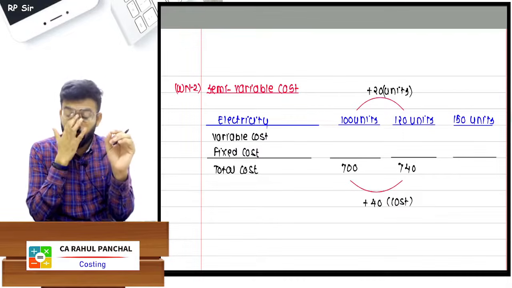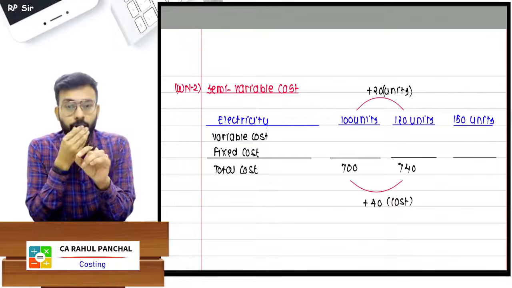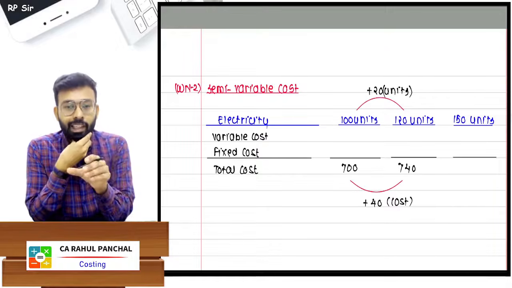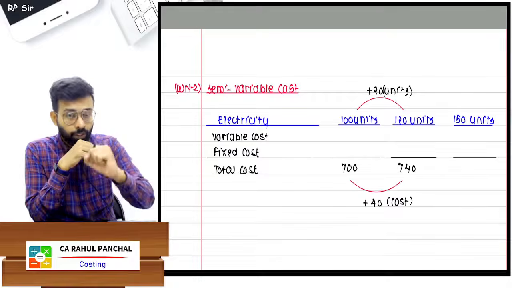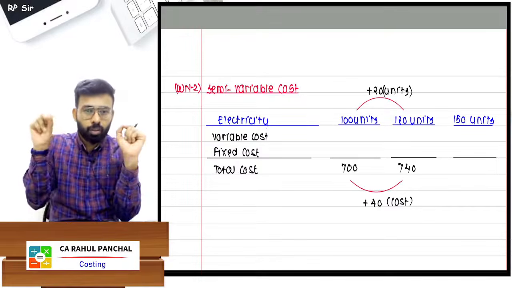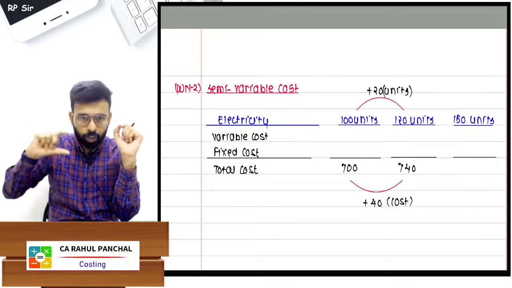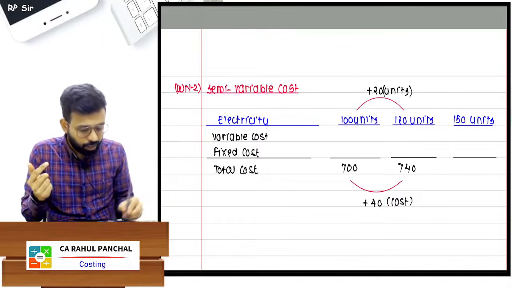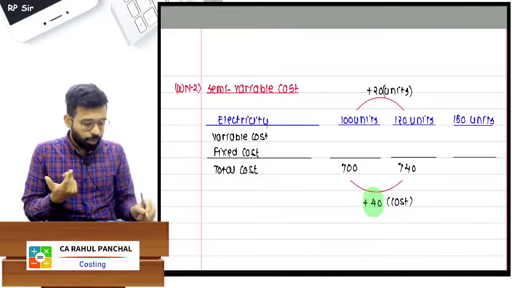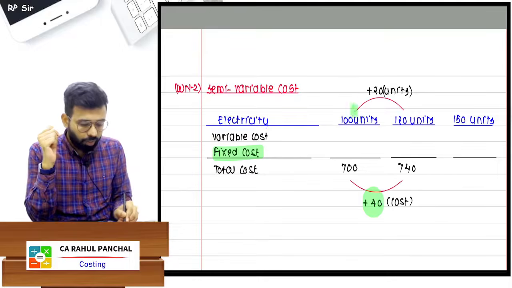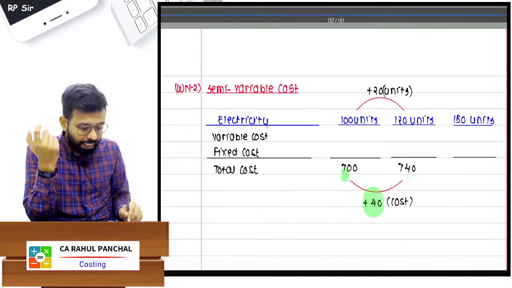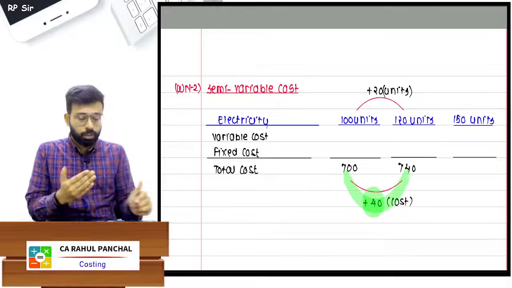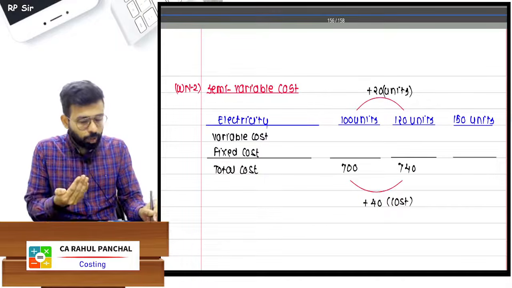Tell me, because of increase in quantity, if the cost has also increased, is this cost variable or fixed cost? Because of increase in quantity, cost has also increased. This increase in cost is variable, because fixed is something which, even though you increase the quantity, will remain same only. So something which has increased because of the quantity is variable cost.